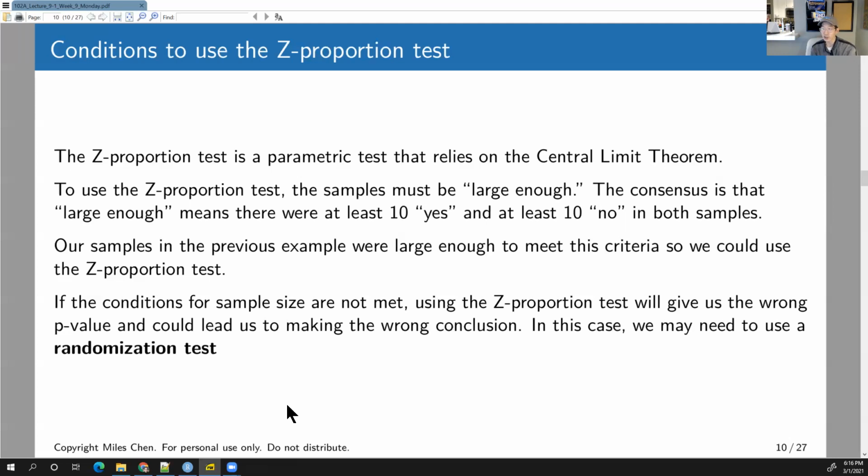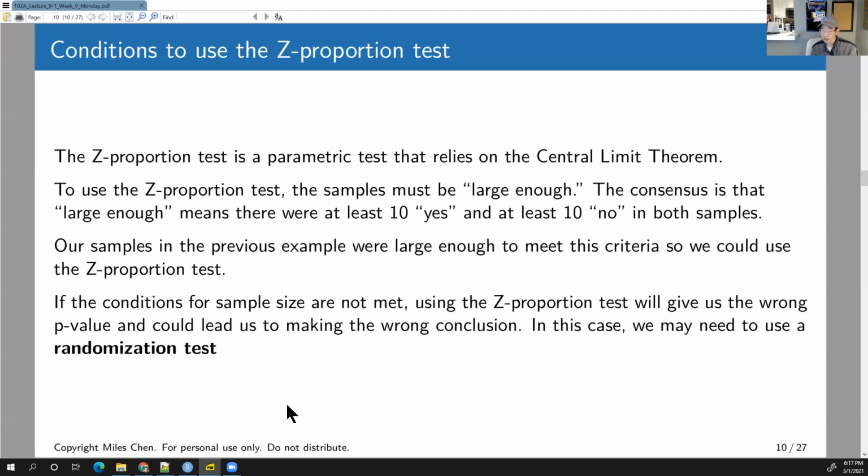We had 150 people in our stat sample, 75 were international, so that's 75 yes, and 75 were domestic, so 75 no's. Both of those numbers are bigger than 10. In the other group, we had 160 students, 64 said yes, I'm international, and 96 said no, I'm not. So both of those numbers are bigger than 10. We have no problem using the Z proportion test here.